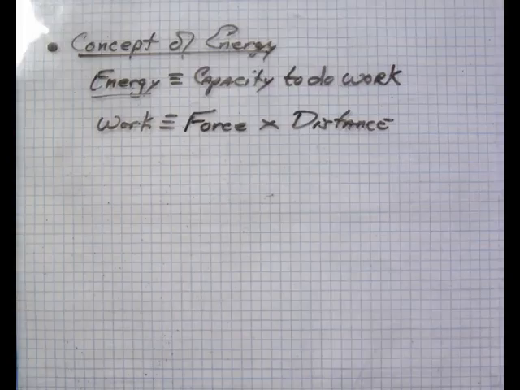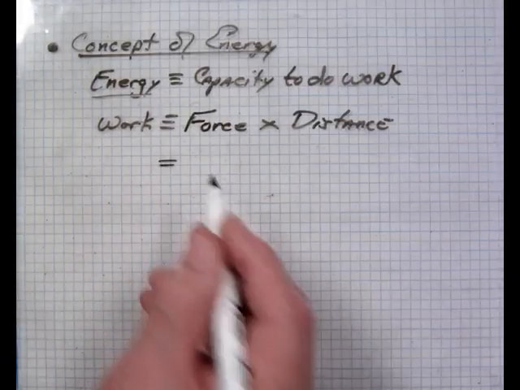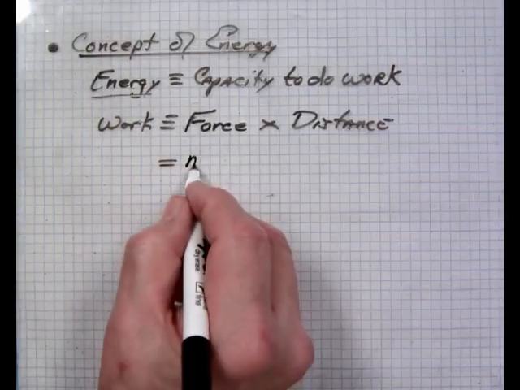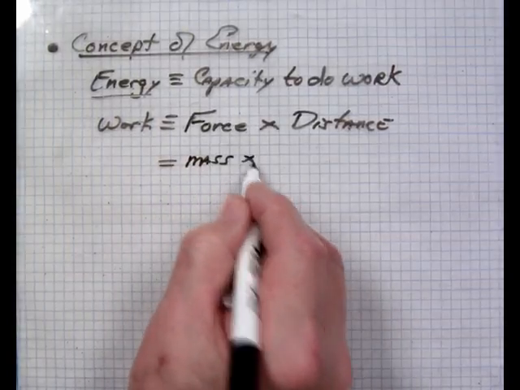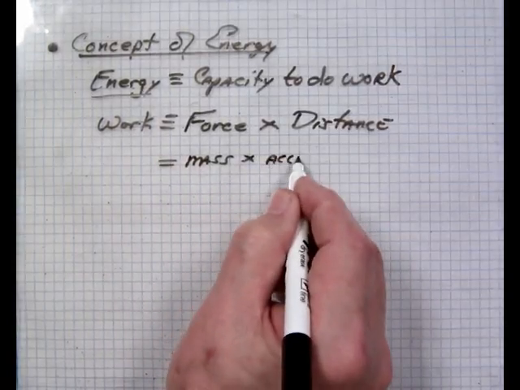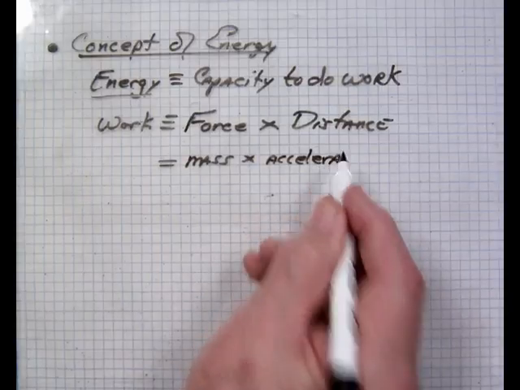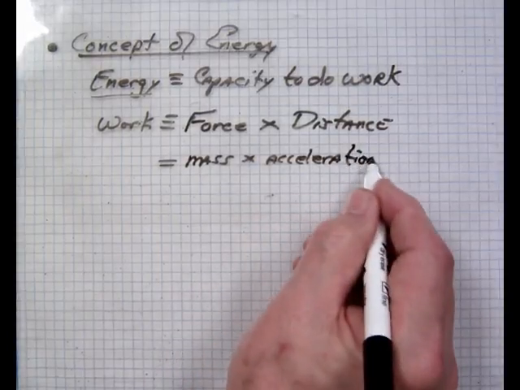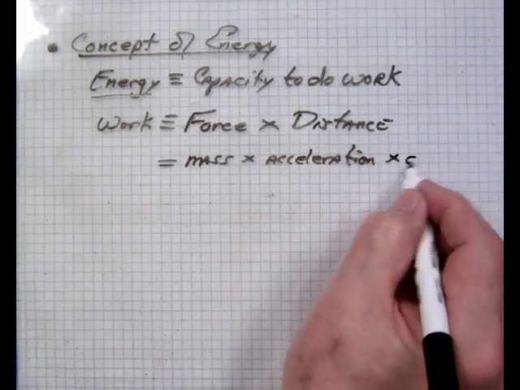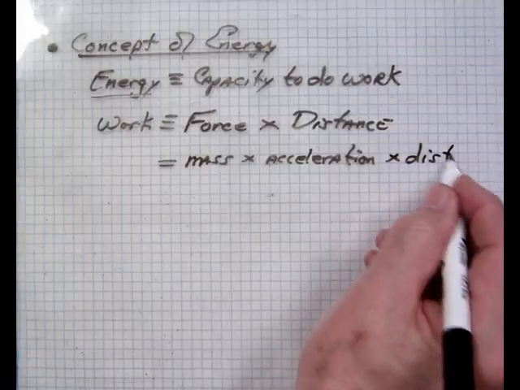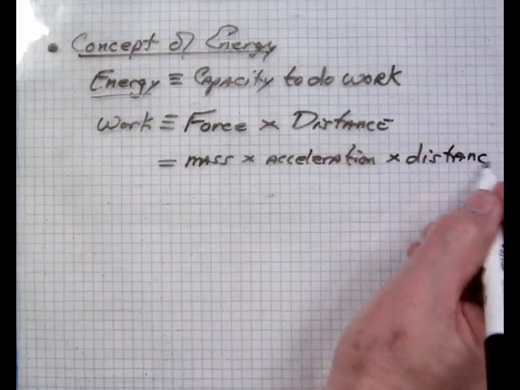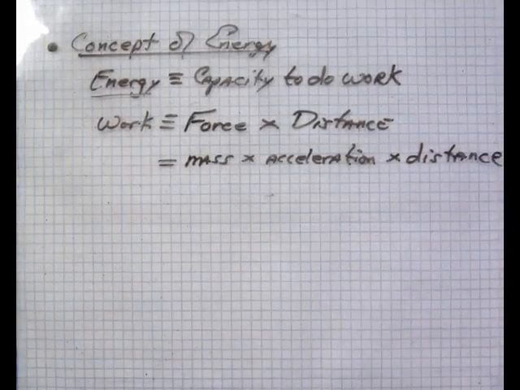From Newton's second law, we find that force is mass times acceleration. And then we include the distance. So, in terms of expansion of the concept of force, we get it into this expression.